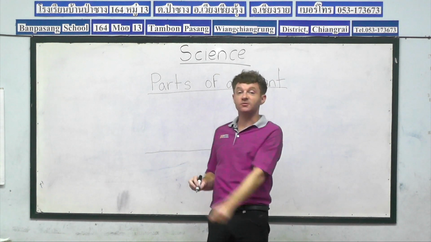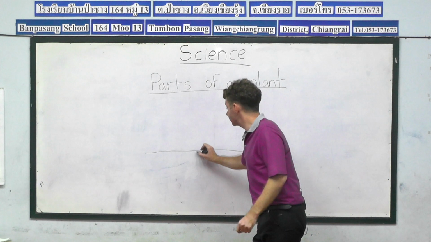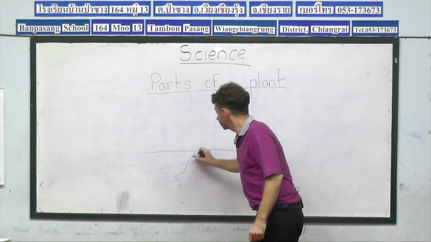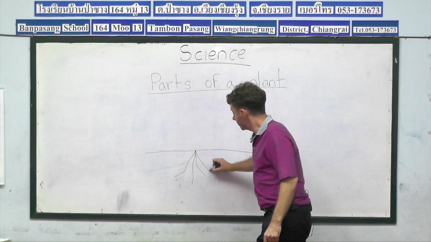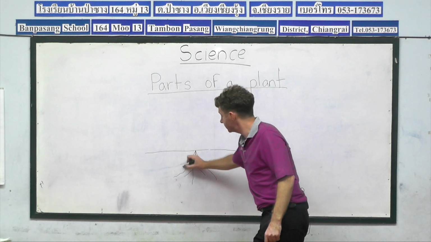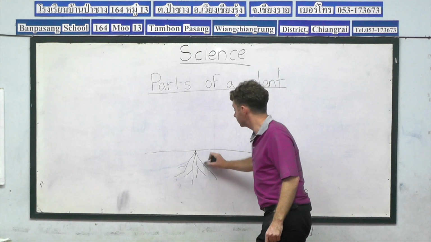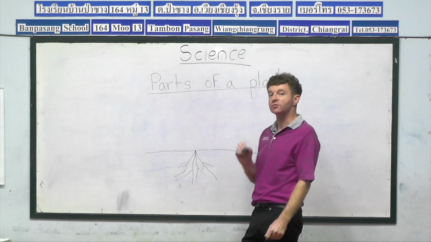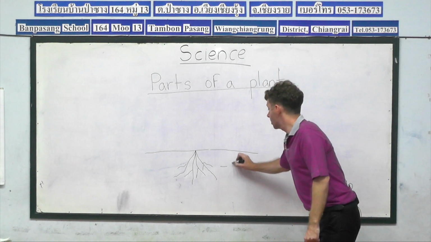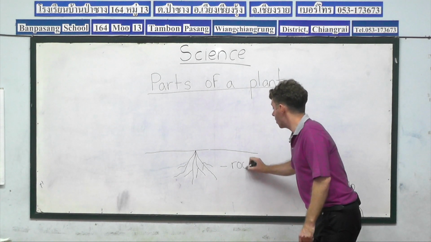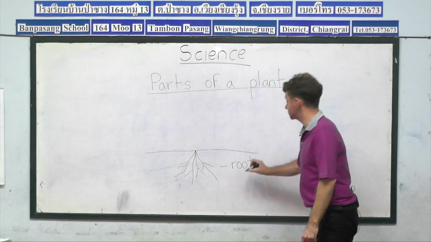The roots. Excellent, Pak Bung. First of all, we had the parts of the plant that we never see. And these are what anchor the plant to the soil. So first of all, we have roots. R-O-O-T-S.